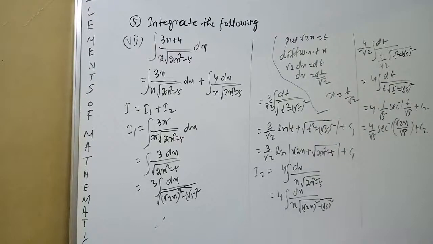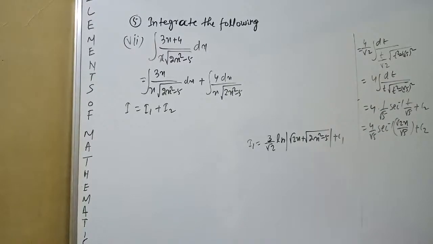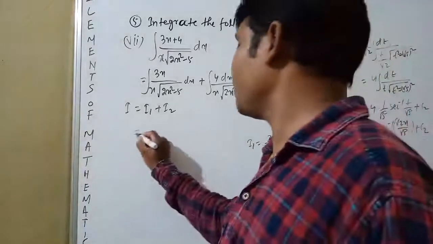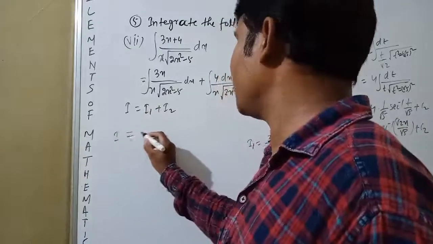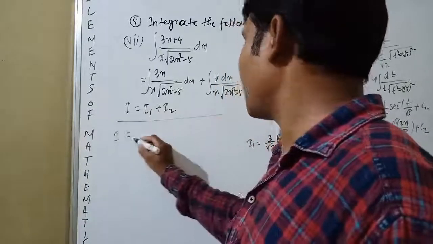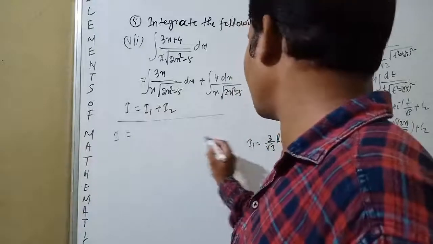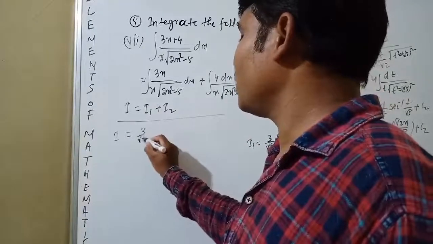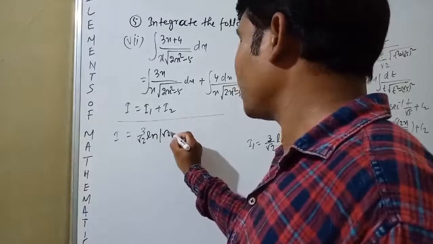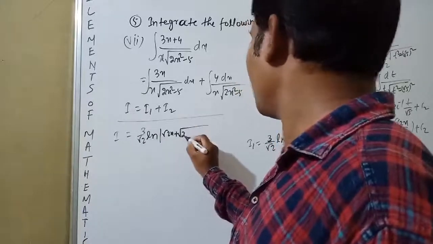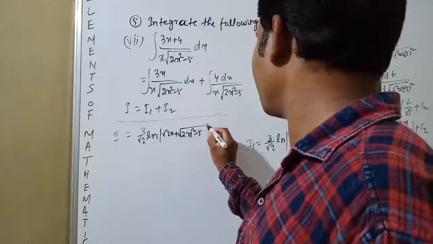Okay, a little bit you pause the video. Now you see I is equal to I1 plus I2. I1 is equal to how much, 3 by root 2 ln root 2x plus root over 2x square minus 5.